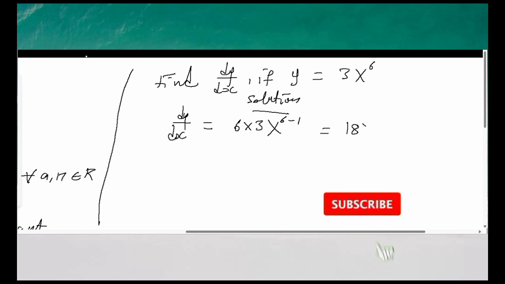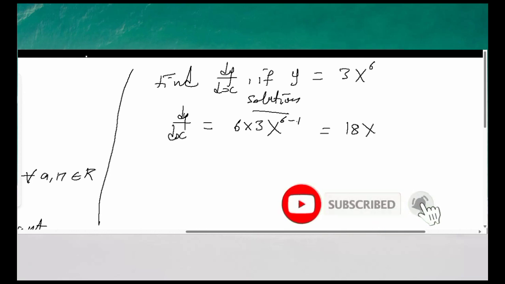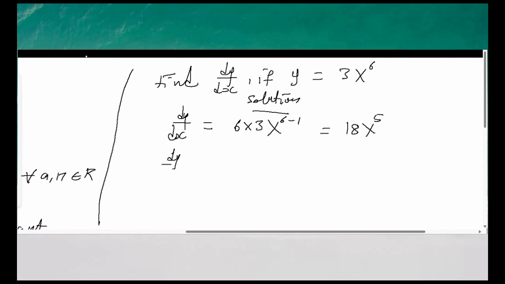Then we have x, 6 minus 1 for the exponent. 6 minus 1 is going to give us 5. So simply we have dy/dx equal to 18x raised to the power 5.